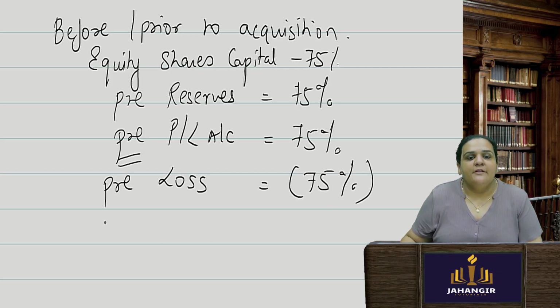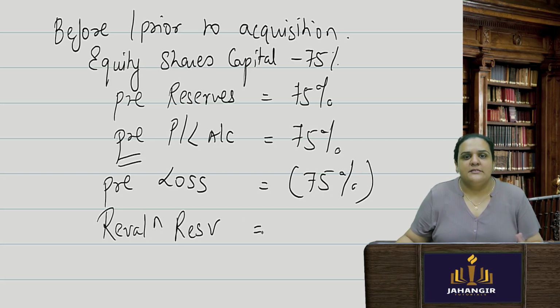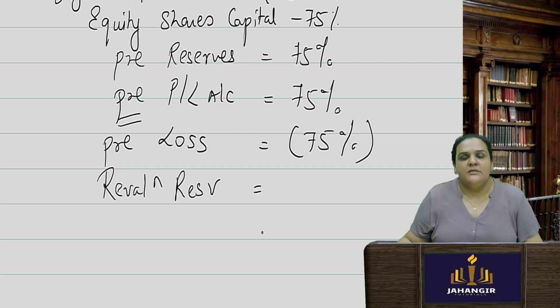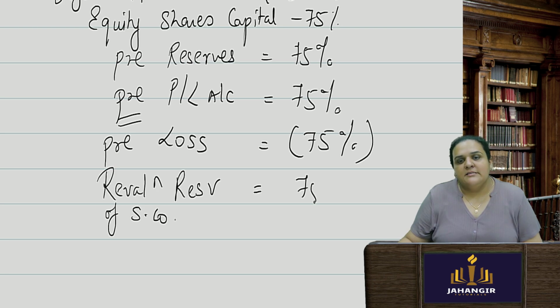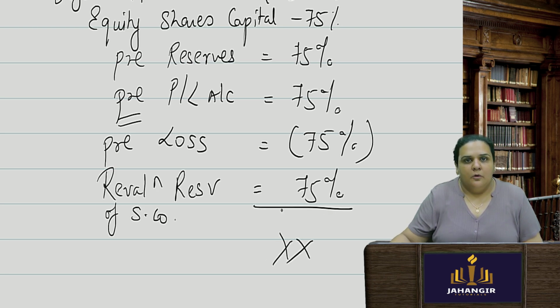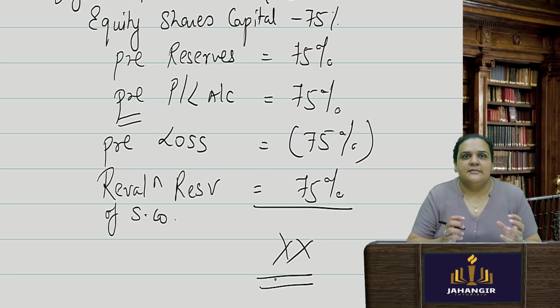And if there is any revaluation reserve, revaluation reserves are always treated as a pre-reserve. Why? Because the assets of S Limited were there before I came. So if revaluation has happened on the assets of my subsidiary company, that reserve is also a pre-reserve, and to that extent also 75%.